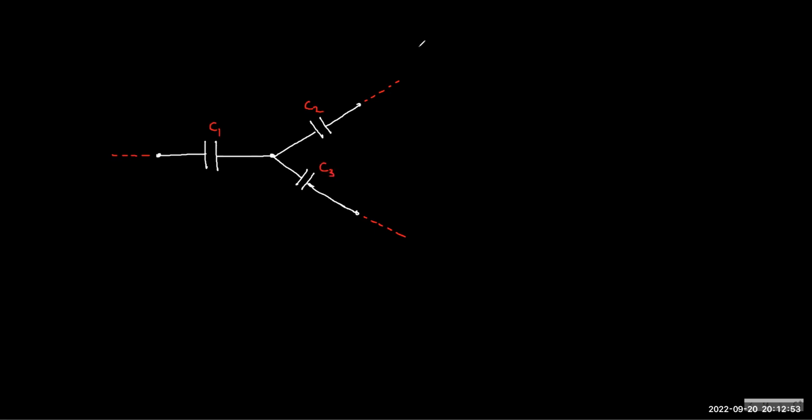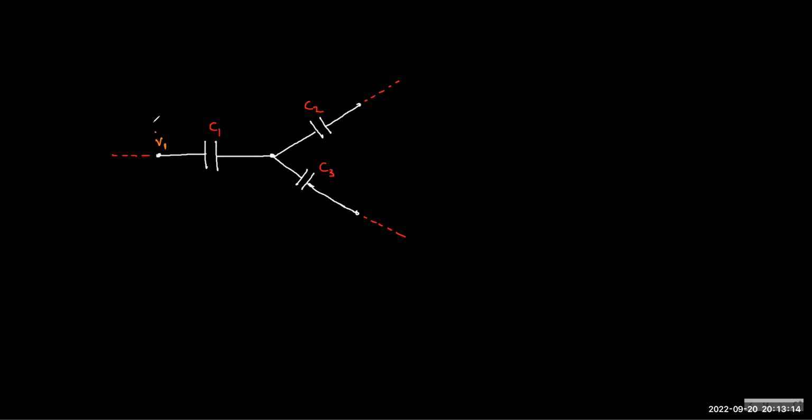What else do you know? The potential of the terminal, or you can say one of the terminals of the capacitor. So let's say this end is maintained at potential V1. How it is known, that is a different question. But as of now, we have to believe that this end is at potential V1.